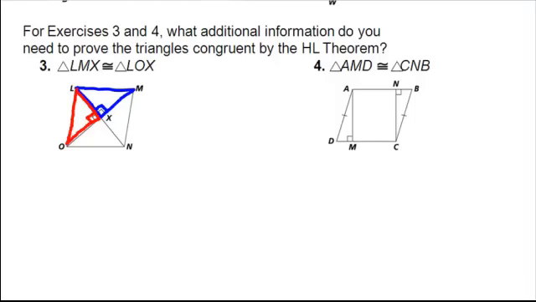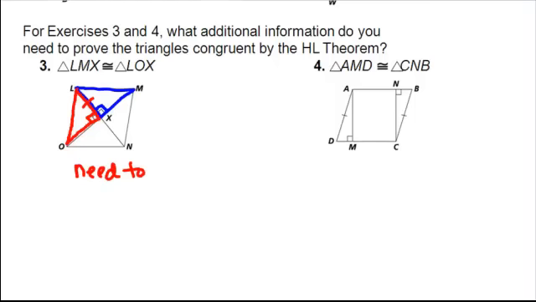Now what I know is I got a common side right here at LX. LX would have to be congruent to LX, and it is by reflexive property. I can mark that. But what else would I have to know? I would need to know about the hypotenuses in each of these triangles.